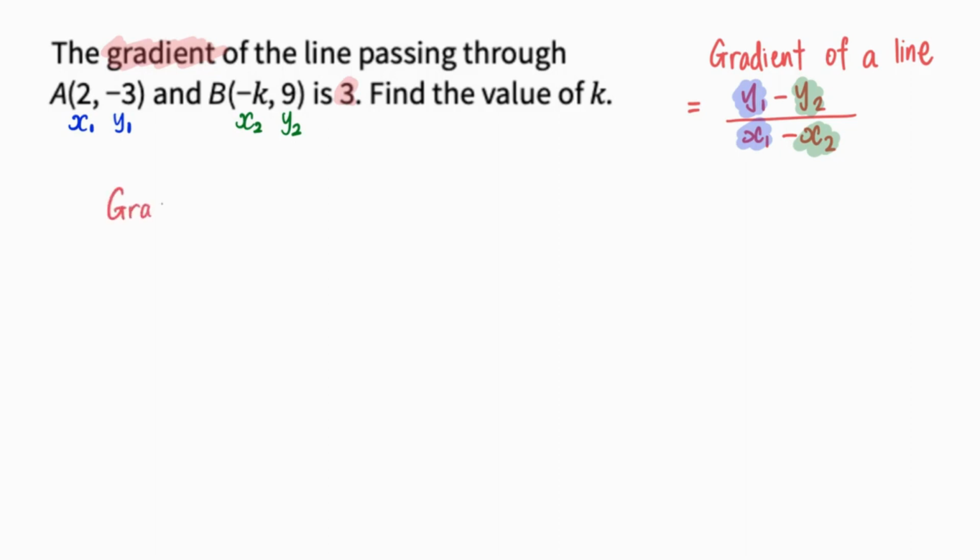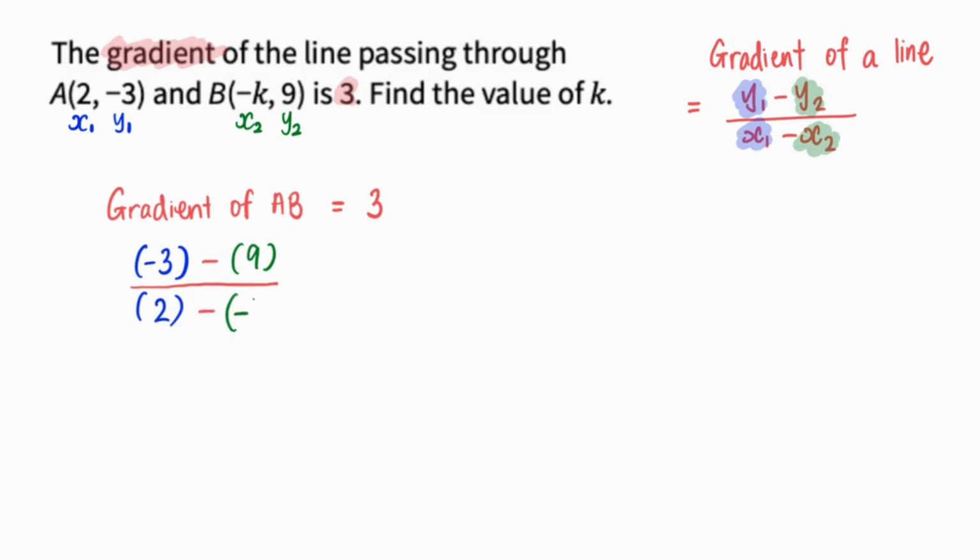Now that we know that the gradient of AB is equals to 3, I am going to apply the formula for the gradient of AB. So y1, negative 3 minus my y2, 9, over x1 is 2. Usually I like to put a bracket so that will prevent careless mistakes, minus negative k.